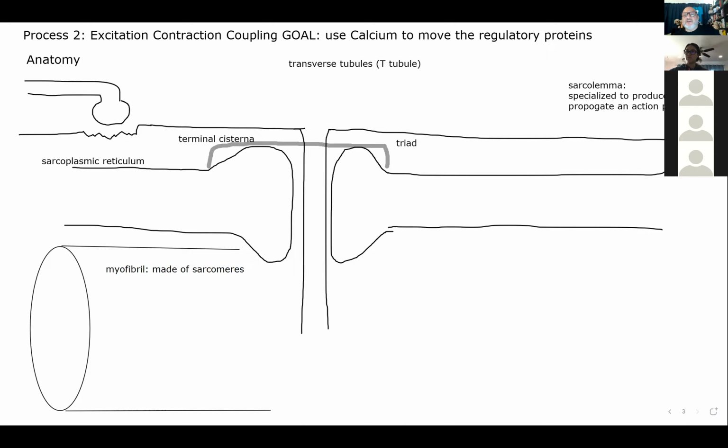And we'll remind ourselves over here of what a simplified version of this looks like. We have a Z disc. Coming off of the Z disc, we have our actin filaments.